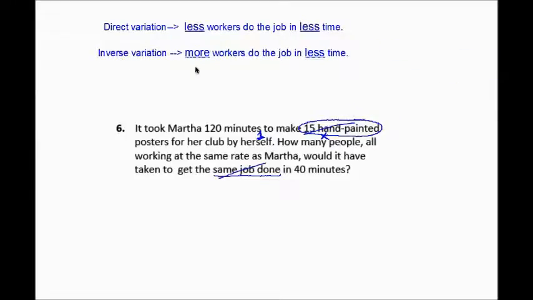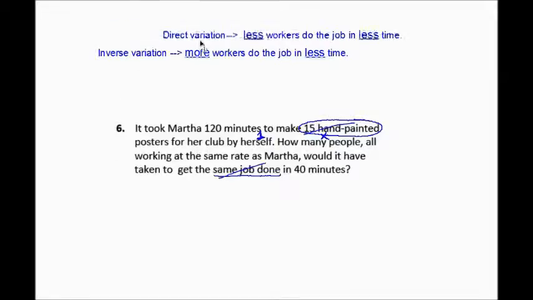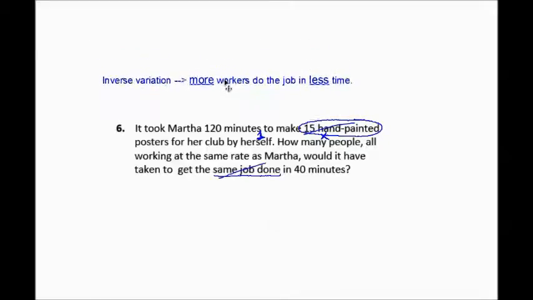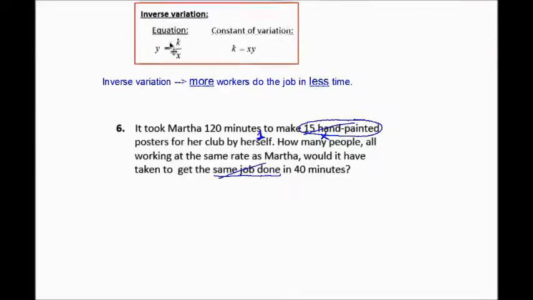They are opposite or inverse. If you have more workers do the job, then it's done in less time. Which one of these two makes more sense to you? That's right. Inverse variation. If you have more workers do the job, it gets done in less time. So we know it is inverse variation what we're using here.